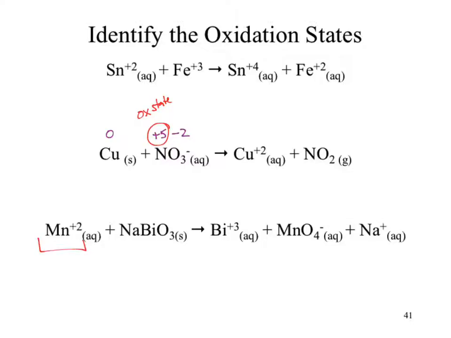Oxidation state for the first unit. +2, that should be a straightforward one. What is the oxidation state for our elements in the next one? Oxygen's a -2. How'd you get sodium being a +1? Because this is going to Cheyenne's question. You can find the charge on the periodic table. I don't accept that because the charge is different than our oxidation state. You're going to the right idea.